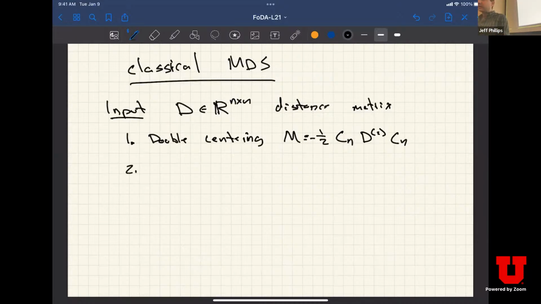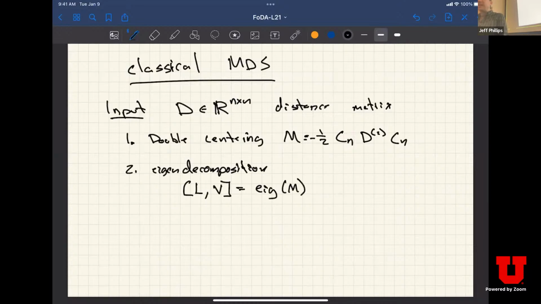Okay, so the first step is double centering. The second one is the eigendecomposition, where I'm going to get the output L, V from eig of M. Eigendecomposition is a built-in package that you use.